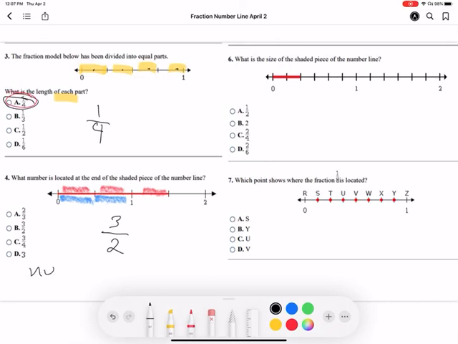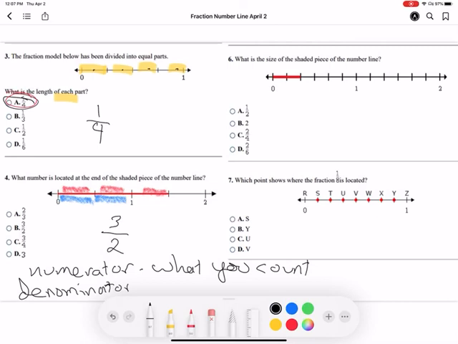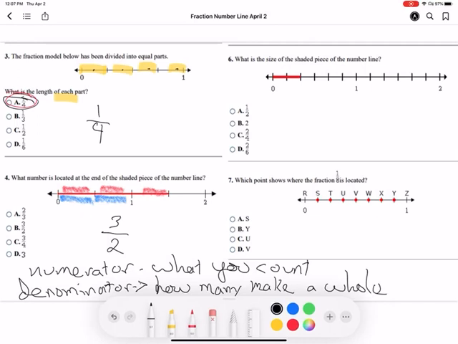Remember, numerator, what you count. Denominator, how many make a whole. Okay, answer, of course, you should have picked B.